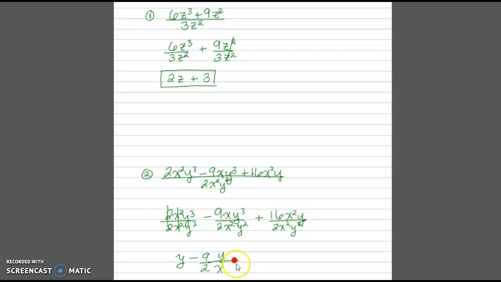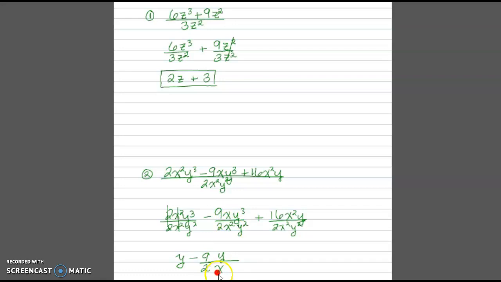For the x's, when I subtract, x to the first is a smaller exponent on top. So when I subtract, I actually get a negative exponent. So I really used 2 exponent rules here. I divided by subtracting the exponents for the x, 1 minus 2, which gave me x to the negative first.